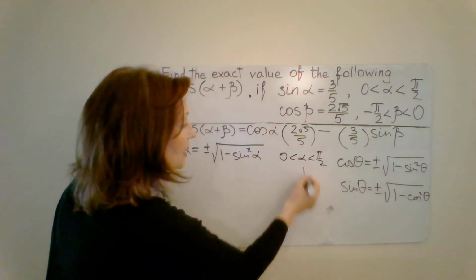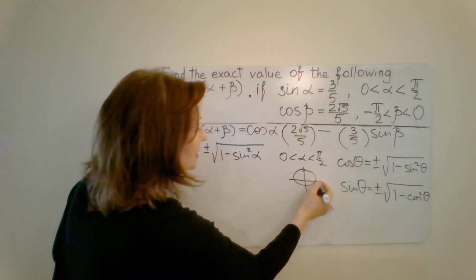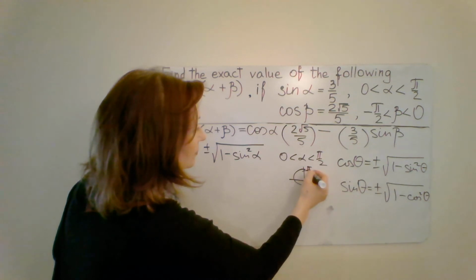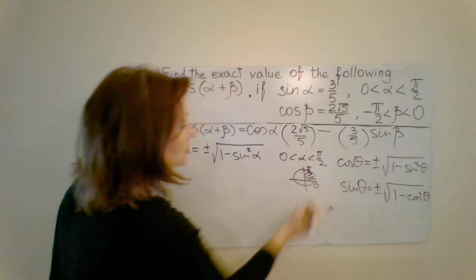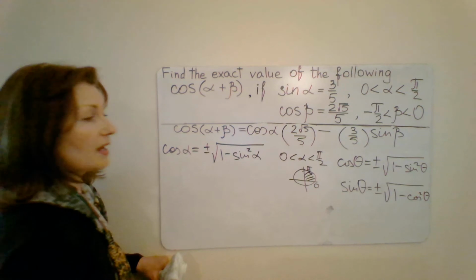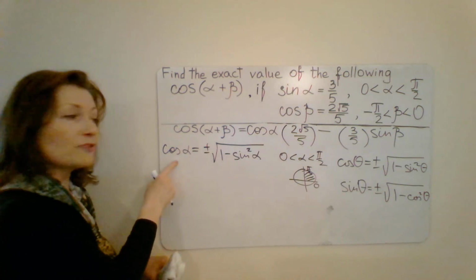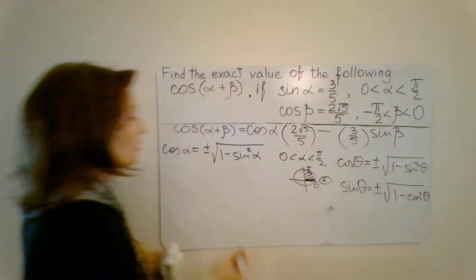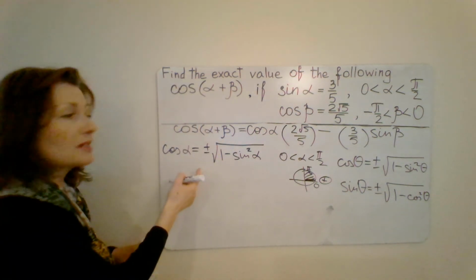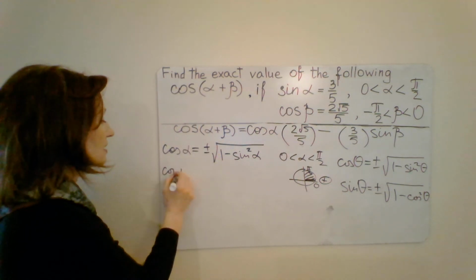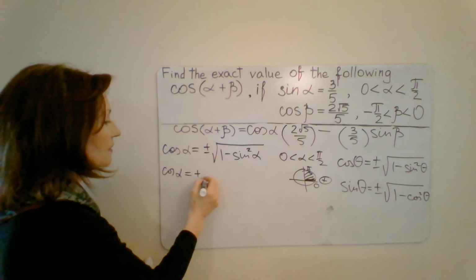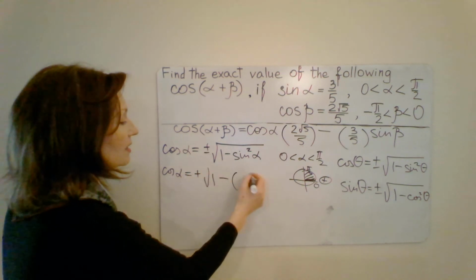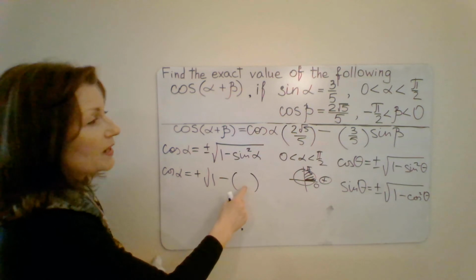It means alpha is in the first quadrant, and cosine in the first quadrant is positive. It's right here. So between plus and minus, we choose plus. Cosine alpha is positive, square root of 1 minus sine squared alpha.